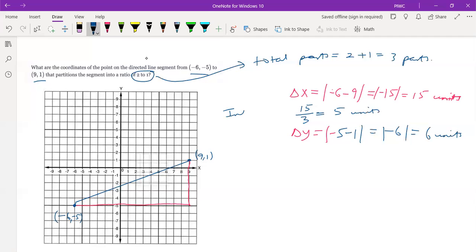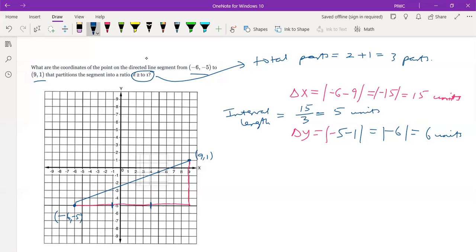That's called the interval length, 5 units for the x. So let's break it down into 5 units: 1, 2, 3, 4, 5, that will be the first division. 1, 2, 3, 4, 5, and again 1, 2, 3, 4, 5. So we divide into 3 parts.